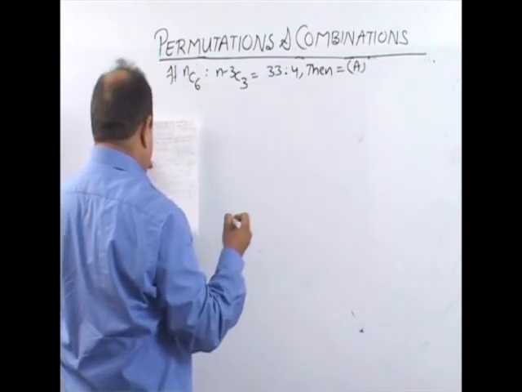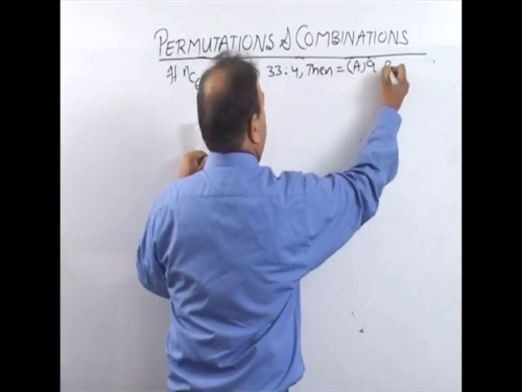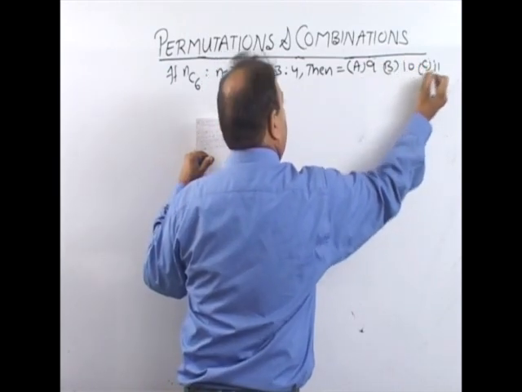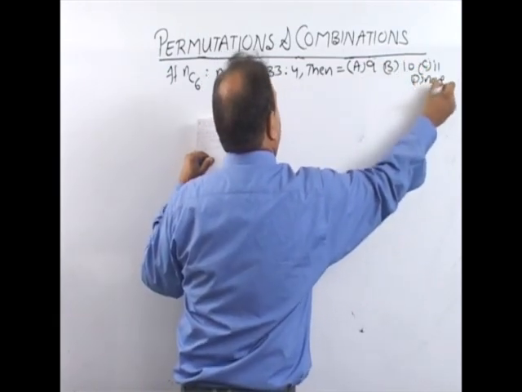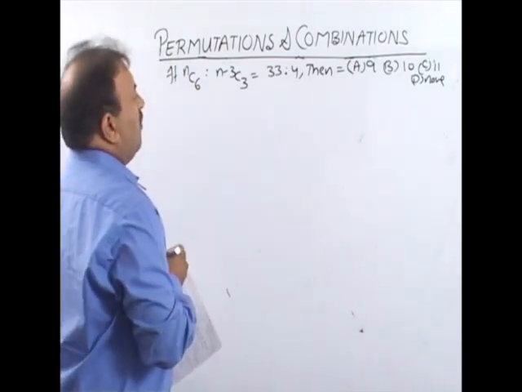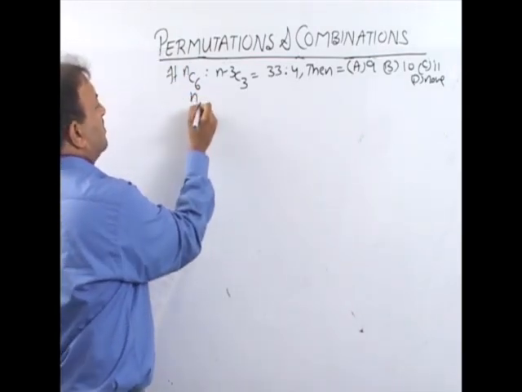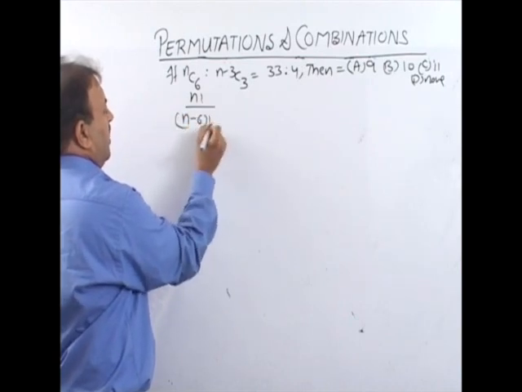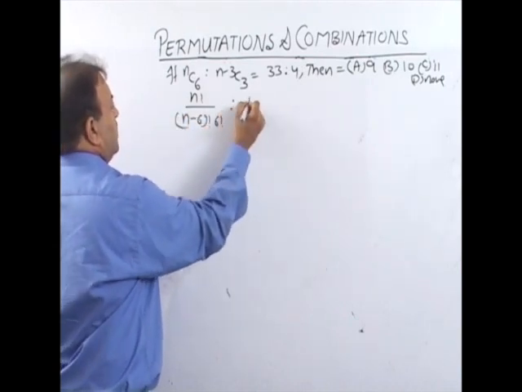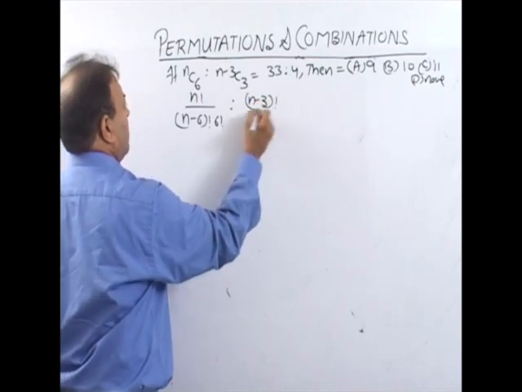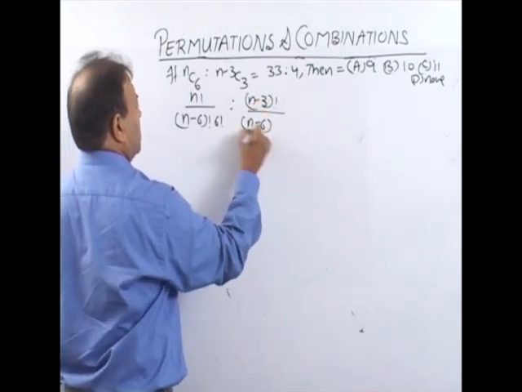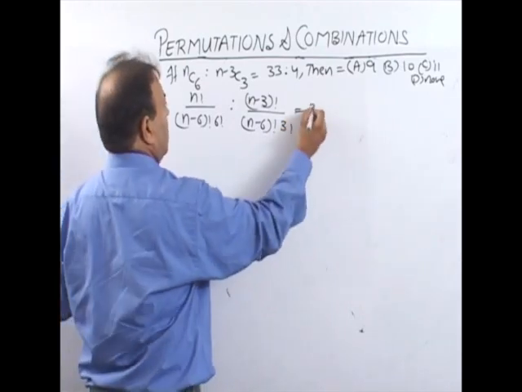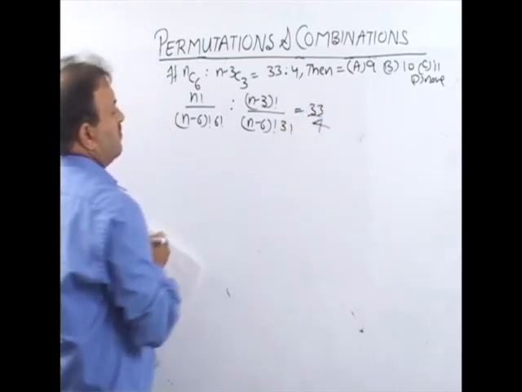A option we have 9, B option 10, C option 11 and D option none of these. How we expand it? It is n factorial upon (n minus 6) factorial into 6 factorial, ratio (n minus 3) factorial upon (n minus 6) factorial into 3 factorial. This is given to be equal to 33 by 4.